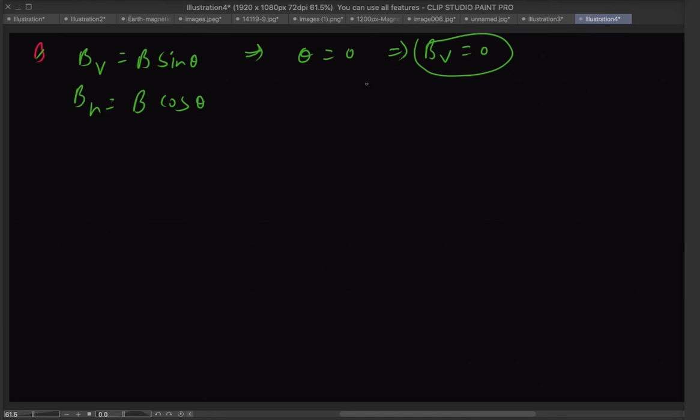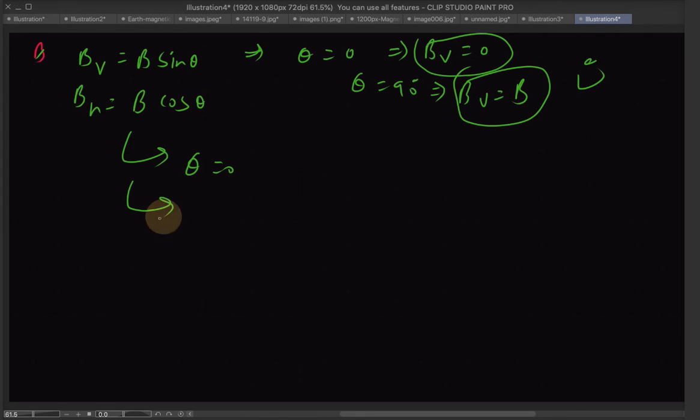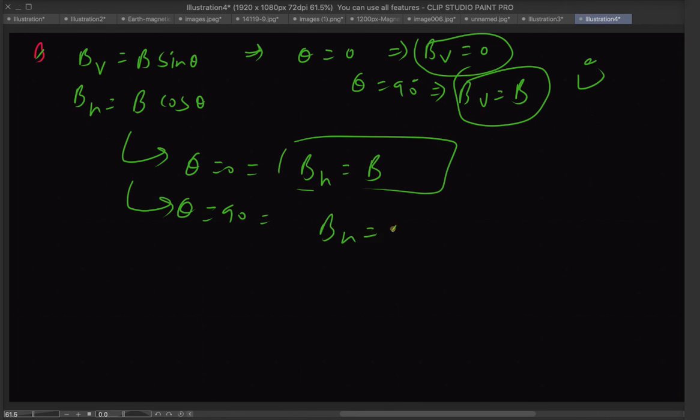Or let's say theta equals 90 degrees, which is the equatorial line. At that time my vertical component is maximum. Same for theta equals 0 and theta equals 90 degrees. I can have the horizontal component at the poles as maximum, and the horizontal component will be 0 at the equatorial line.